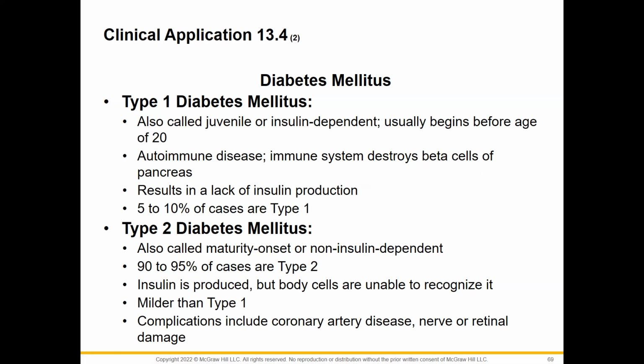So if they want to live, they want to survive, they have to inject insulin into their bodies because their body is not making it. Type 2 diabetes is non-insulin dependent diabetes. They're actually making it. Their cells are just not recognizing it. So they don't start off needing to inject insulin.